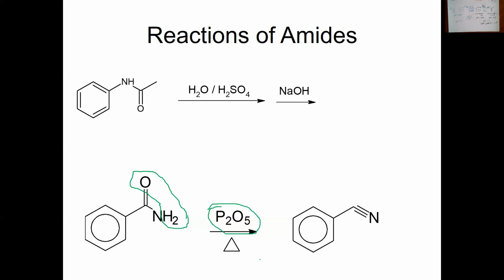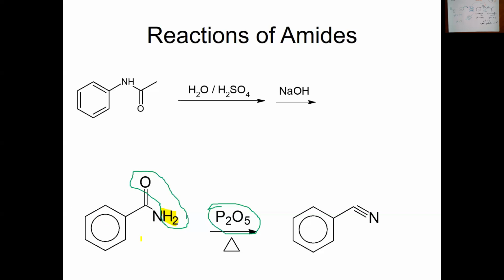Note, this is not any old amide. This guy, not any old amide. It has to be an amide that has 2 hydrogens on this nitrogen. If there are not 2 hydrogens there, you cannot lose water, so you cannot do a dehydration.